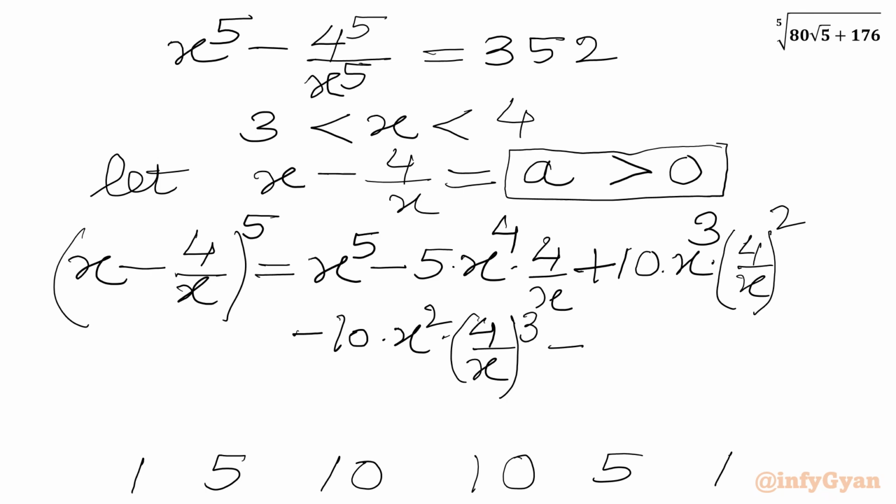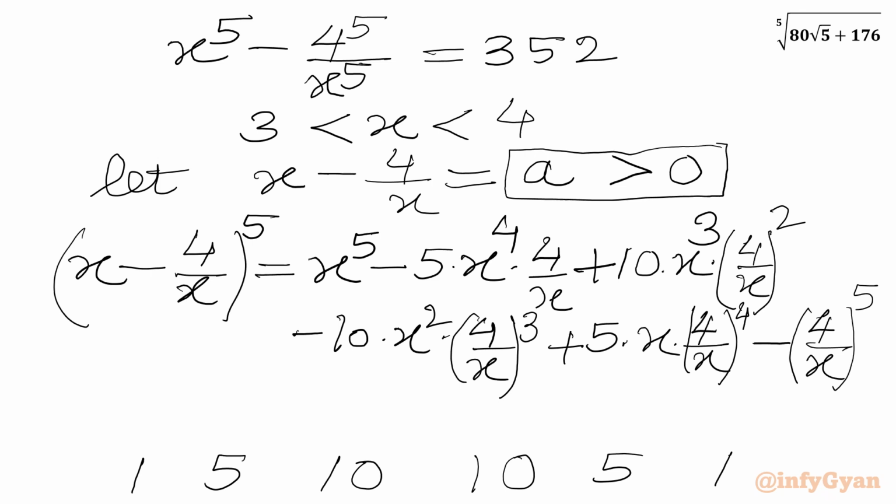And then we will write plus 5 times x times 4 over x, whole power will be 4. And then we will write the coefficient 1 term, it would be minus 4 over x whole power 5.